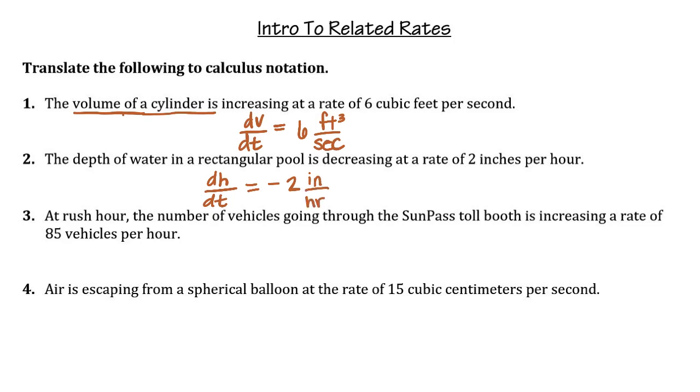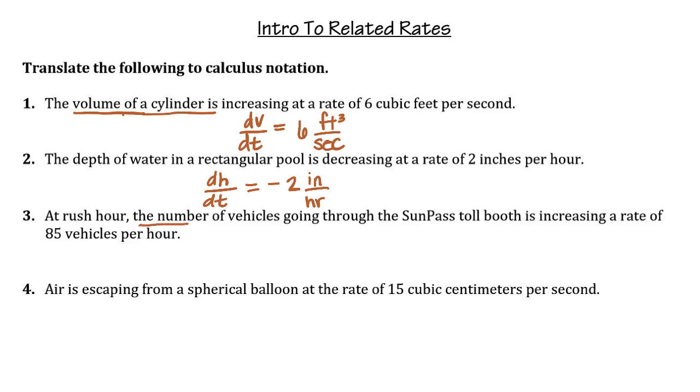For number 3, at rush hour, the number of vehicles going through the SunPass toll booth is increasing at a rate of 85 vehicles per hour. Notice we're looking at the rate of change of the number of vehicles. I'll just use V for vehicles.